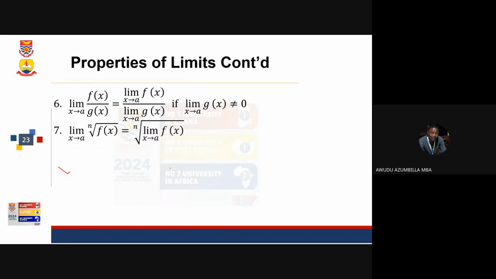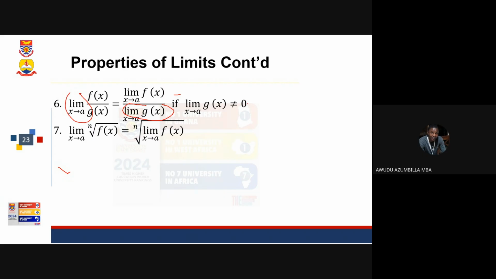Now the sixth one is another one. If you are using the limit, you don't have to say limit of f of x plus g of x. No, apply the limit to each of the terms, up and down, before you divide them. And you have to also take note that the limit of g of x should not be equal to 0.